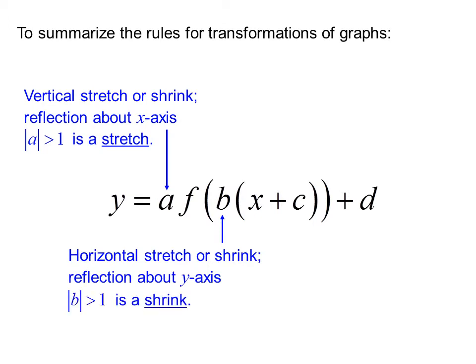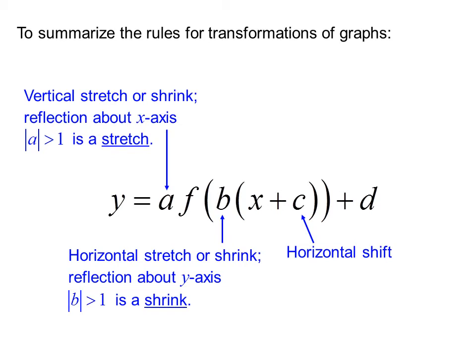If this coefficient is inside the function, it represents a horizontal stretch or shrink, or a reflection about the y-axis. If the absolute value of b is greater than 1, then it is a shrink.